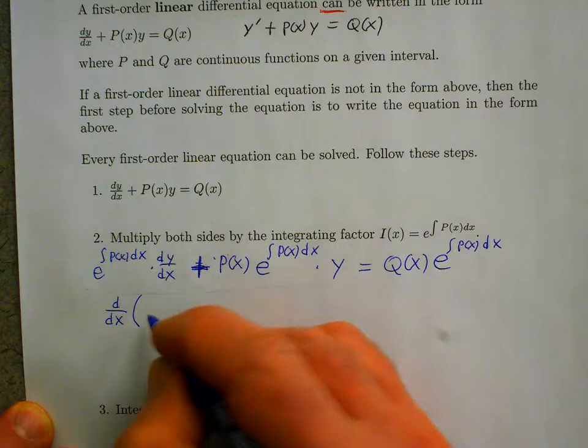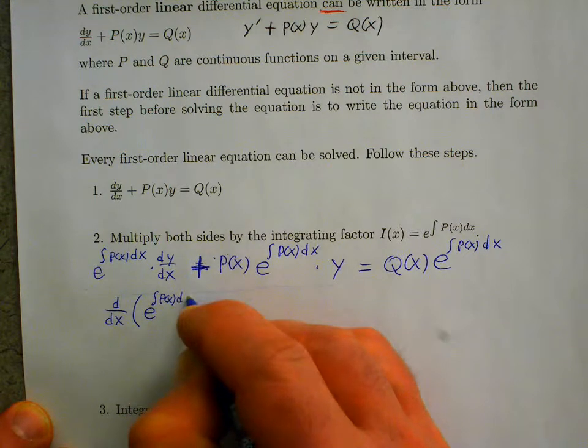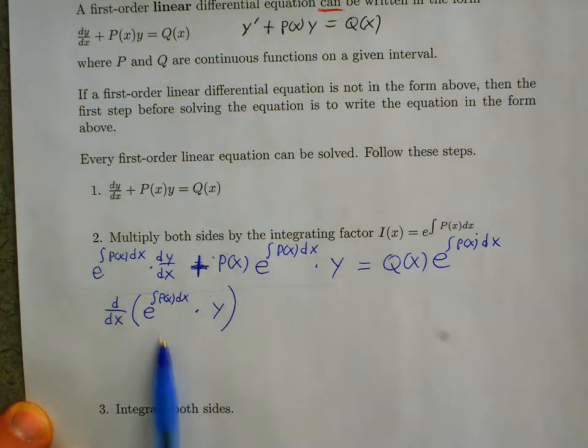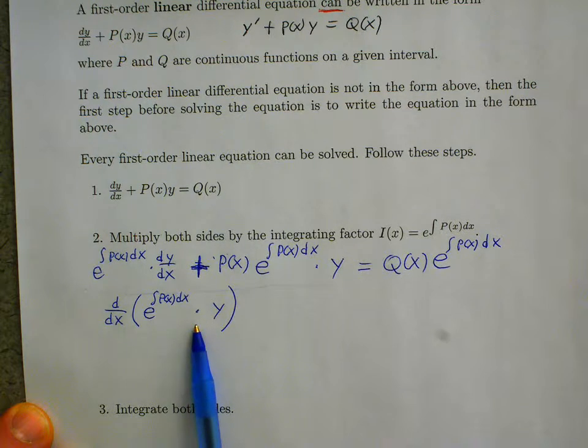It's just going to be e to the integral of p of x dx times y. If you compute the derivative of this function using the product rule, we get the expression above it.